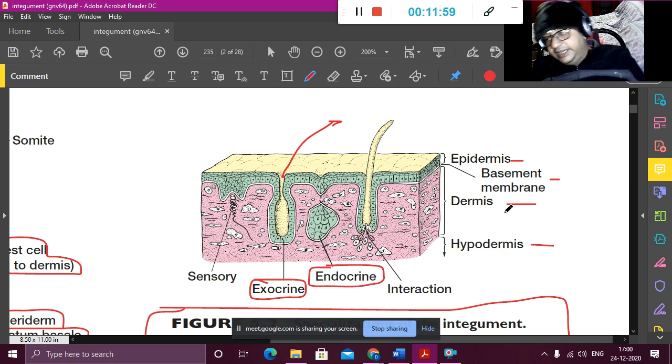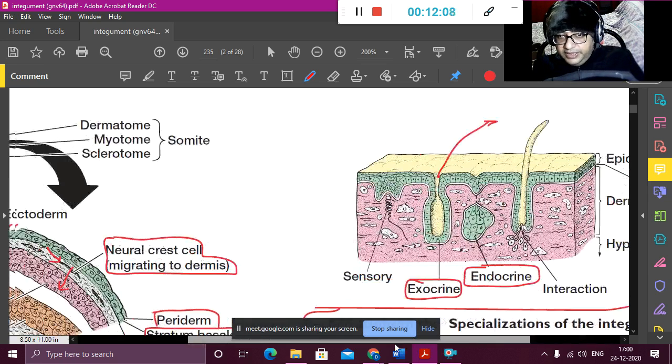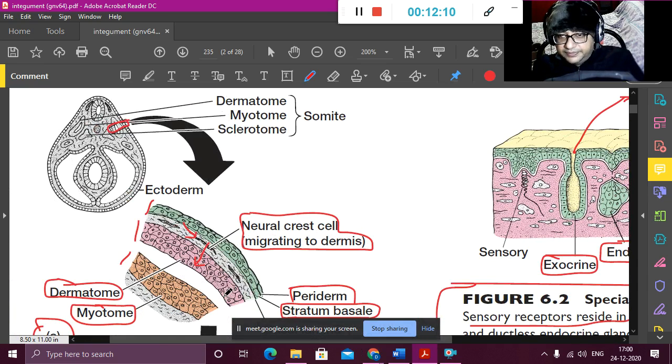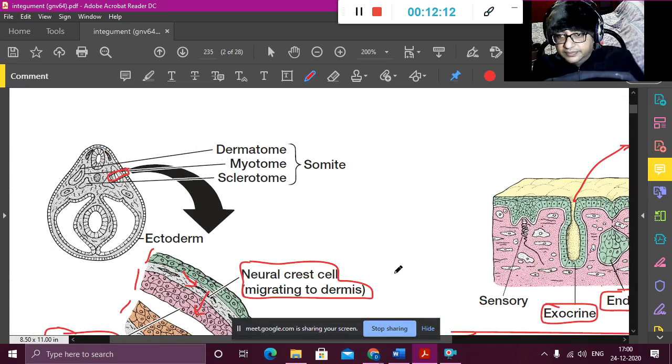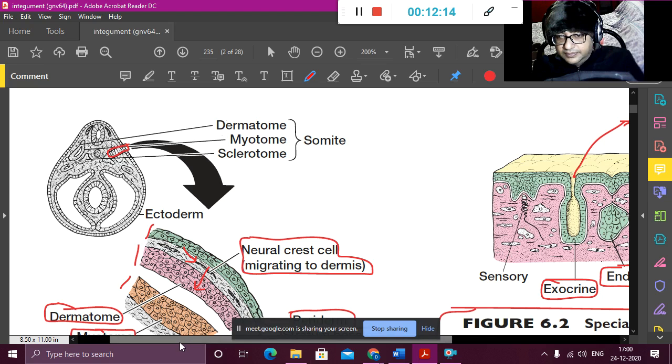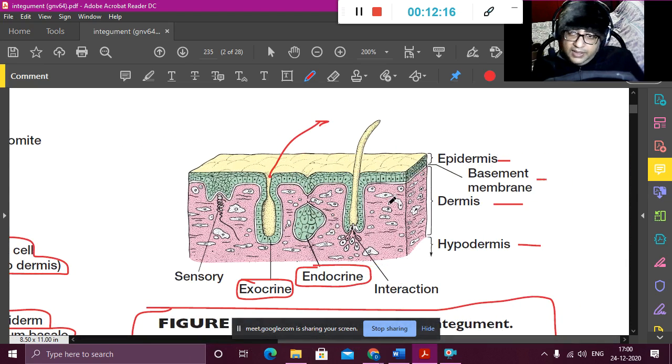As you know, the green color here signifies that it is an ectodermal derivative. This we can get from these pictures. And this dermis, as you know, is a mesodermal derivative. So the endocrine component is also ectodermally derived, but it is inside the mesodermal derived dermis.